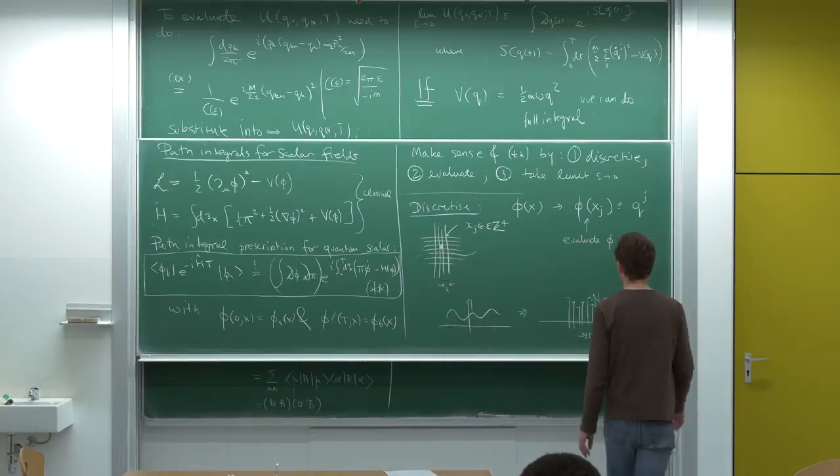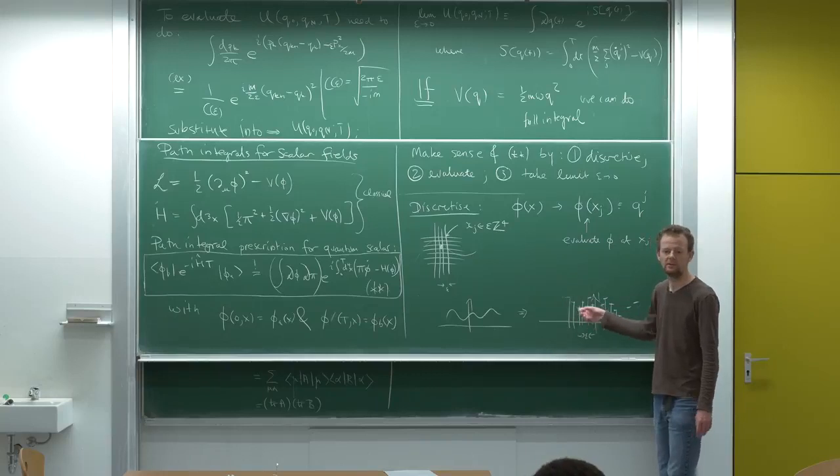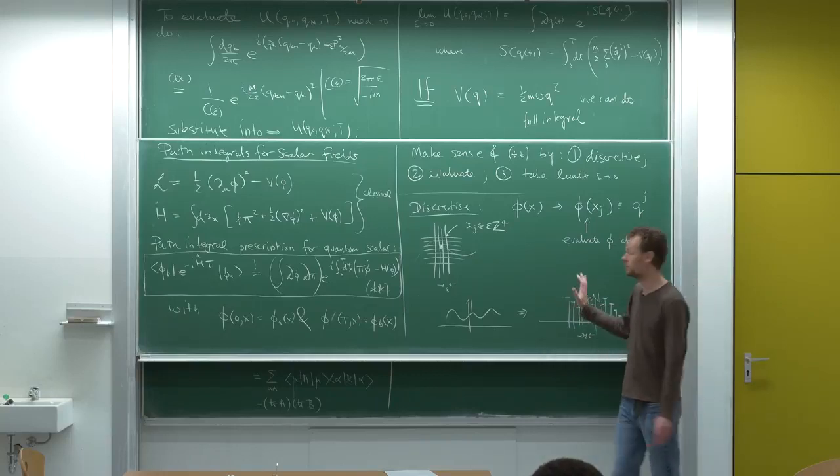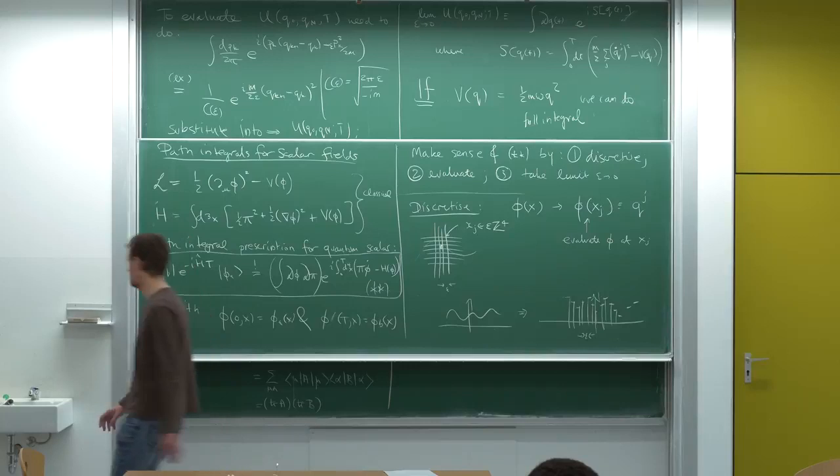And the stupidest quadrature rule, where you just draw this as a bar graph and calculate the area under the bars, already does a reasonable job of evaluating this integral numerically.